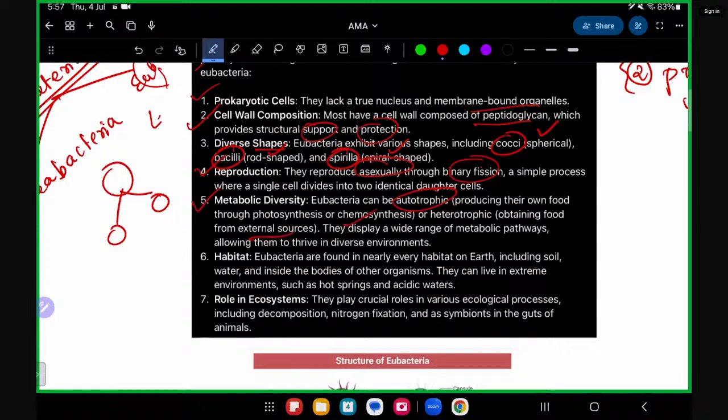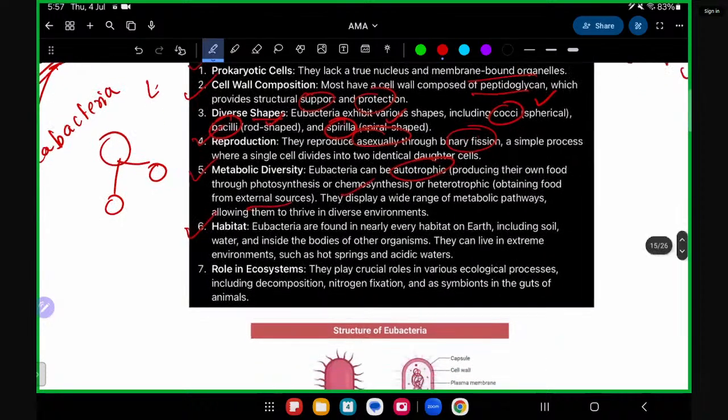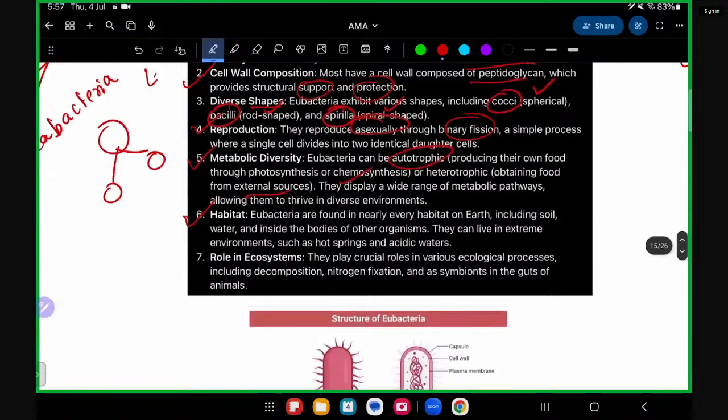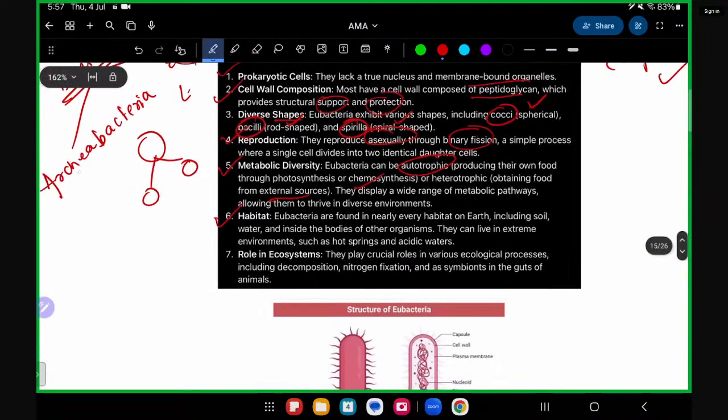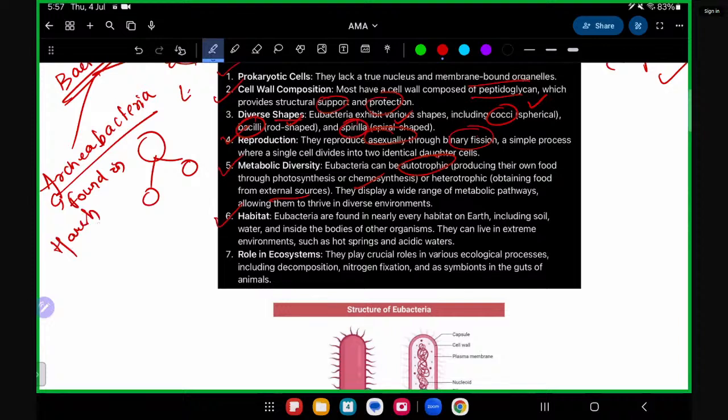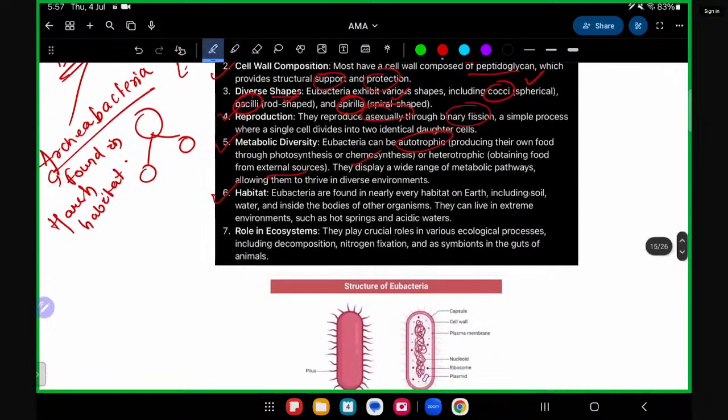Okay. Then the sixth point is their habitat. Eubacteria are found in nearly every habitat. Okay. But archaebacteria are found in harsh habitats. Eubacteria are found almost everywhere on earth, including what?